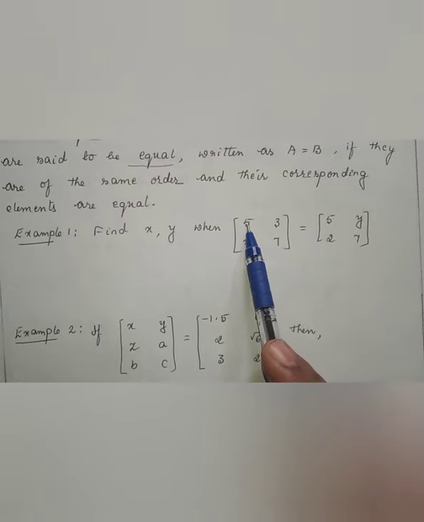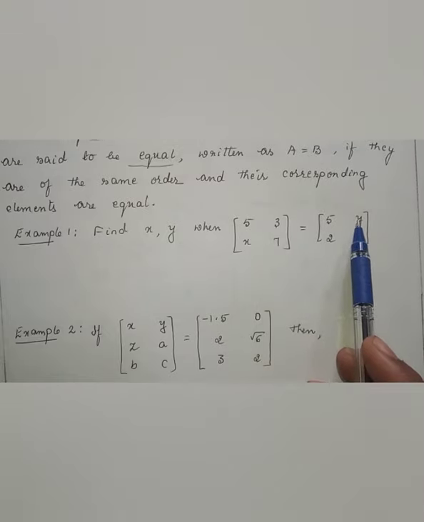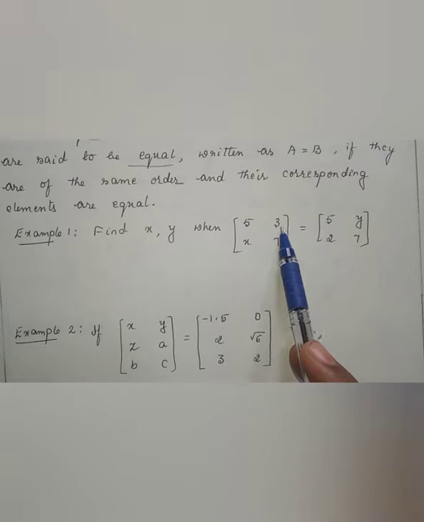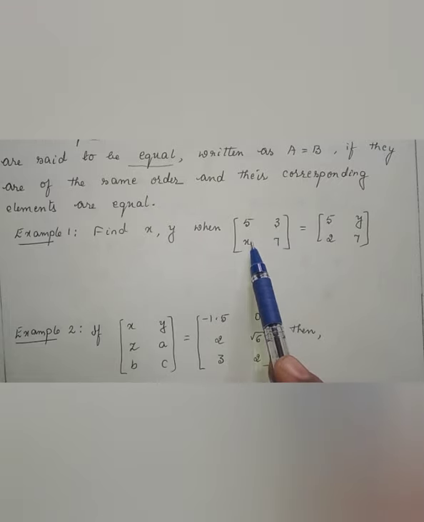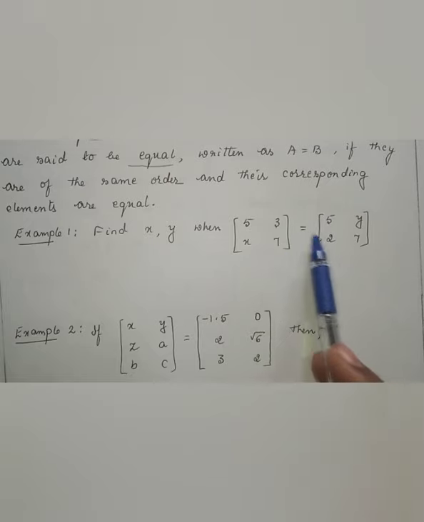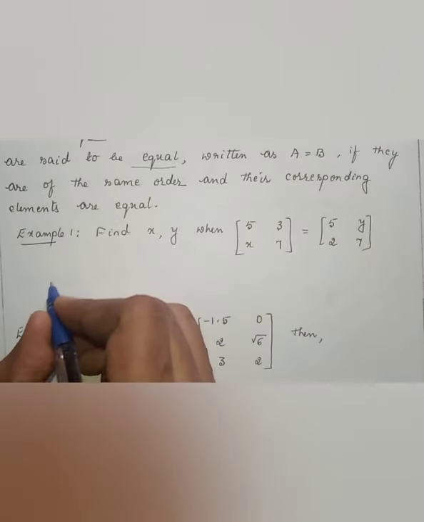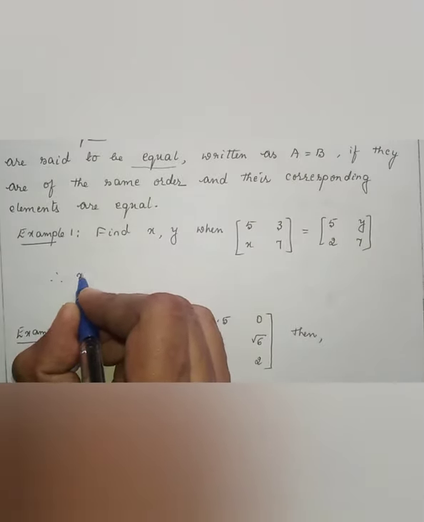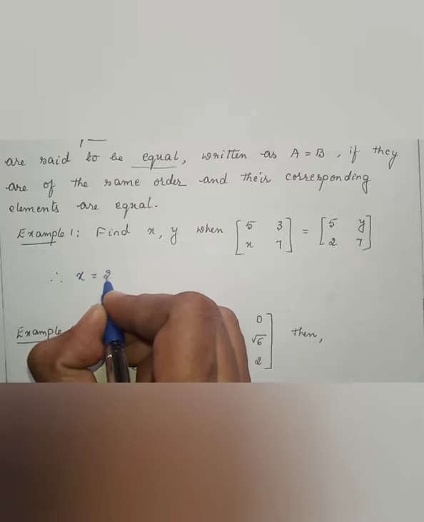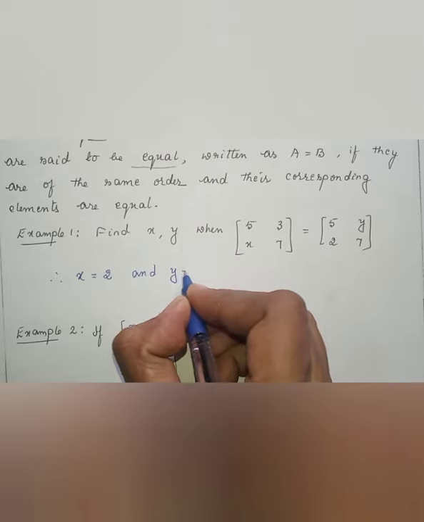So 5, here also 5. Here the second element A12 is 3, here Y, therefore Y should be equal to 3. Here X is equal to 2, in place of 7, 7 is there. Therefore, if we compare these two matrices, given that they are equal, X is equal to 2 and Y is equal to 3.